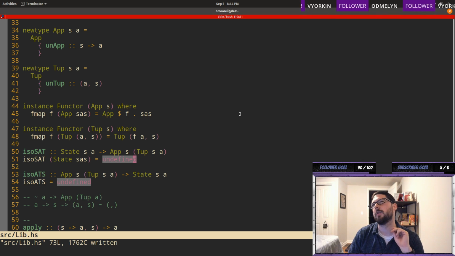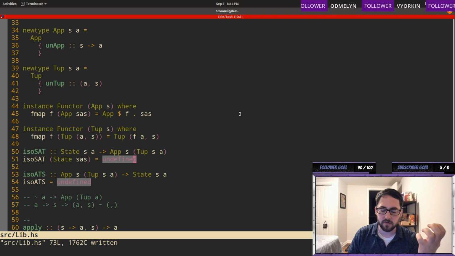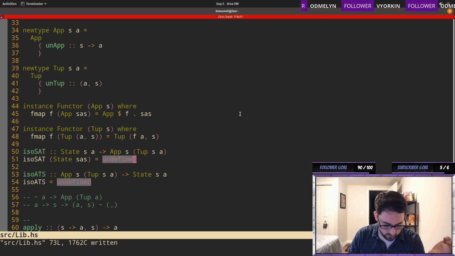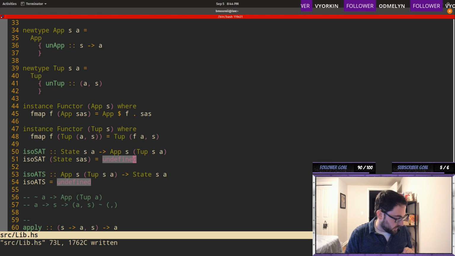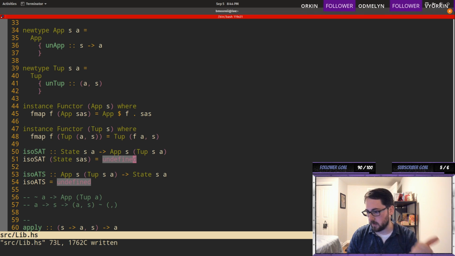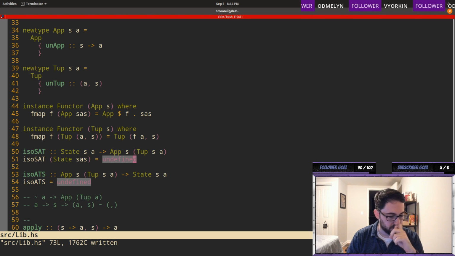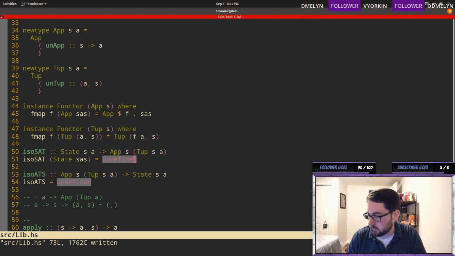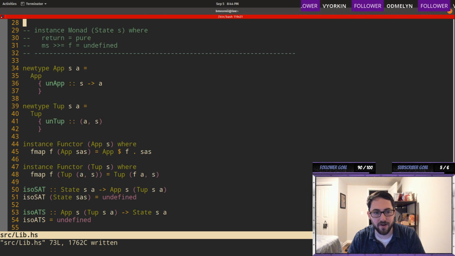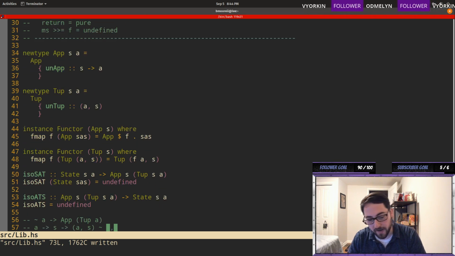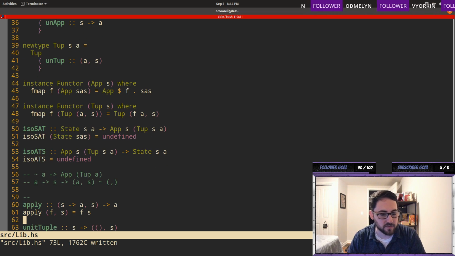I'm not saying we're really learning category theory, but we're using some rules or mathematics available in category theory to simplify the solution of implementing functor, applicative, and monad for state. Although one could probably argue that this is not as simple, but that's okay. It's definitely more interesting.